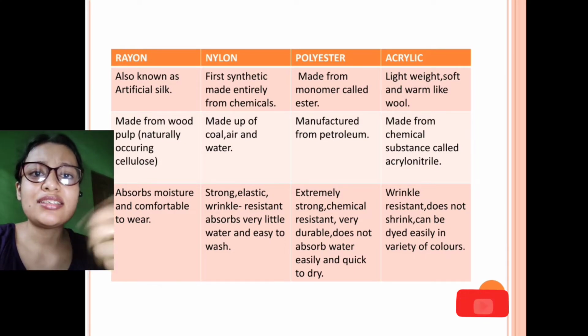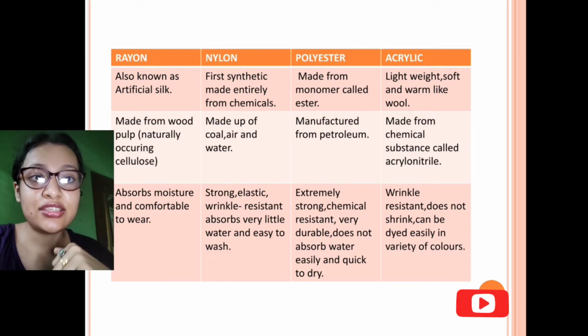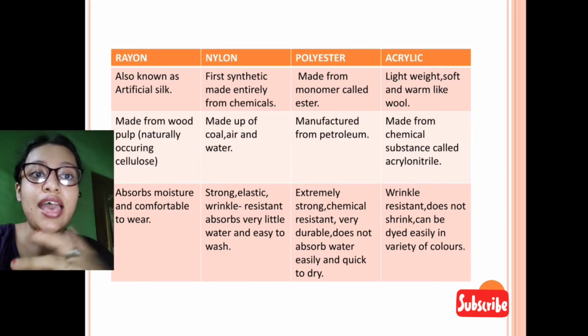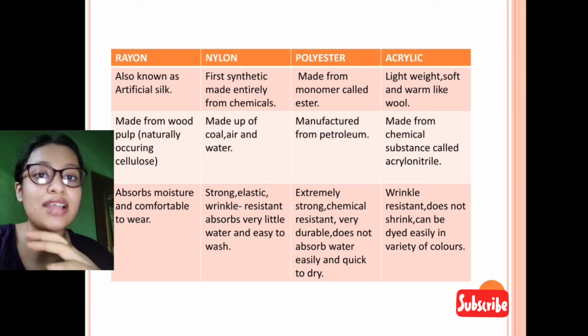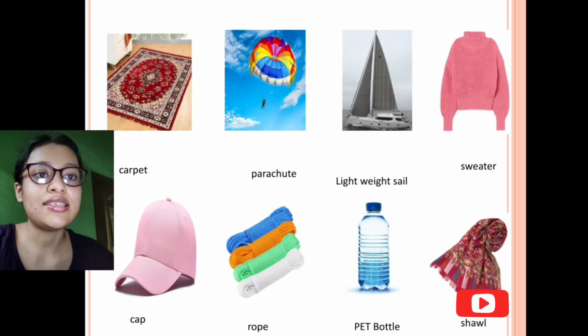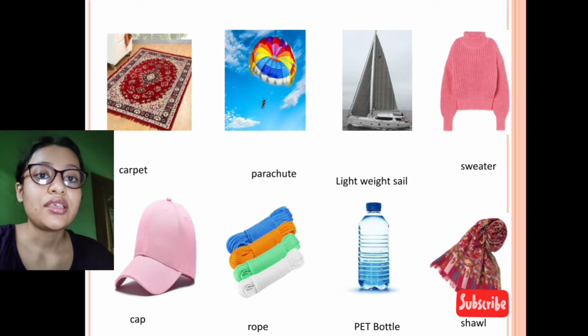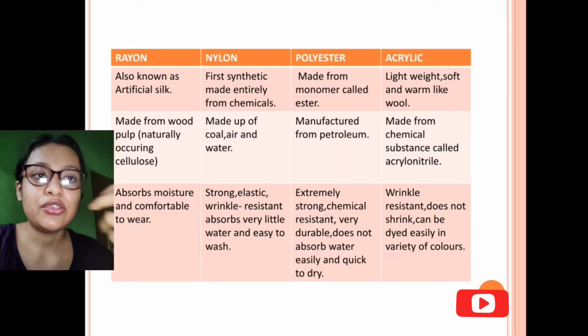These polyesters are extremely strong, chemical resistant and very durable, do not absorb water easily, and are very quick to dry. Polyesters are used in lightweight sails and in PET bottles.